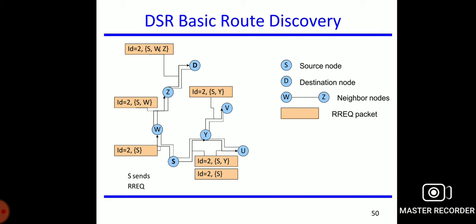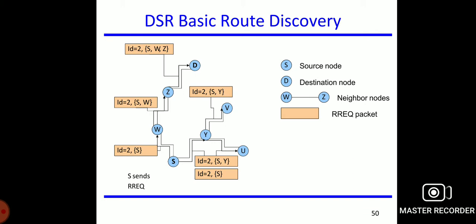When the route request packet reaches the destination node, a route reply must be sent back to the source. The destination node examines its own route cache for a route back to the source and uses this route to send the reply packets. Otherwise, the destination node starts a new route discovery process to find a route towards the source node.